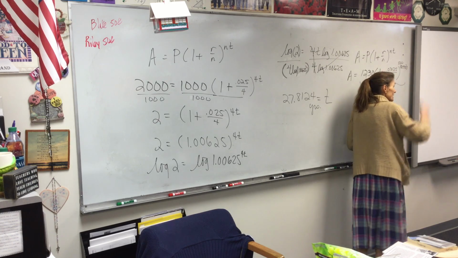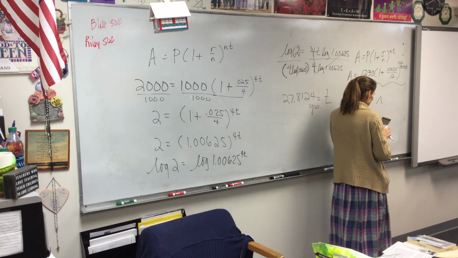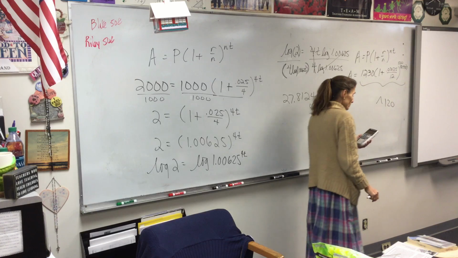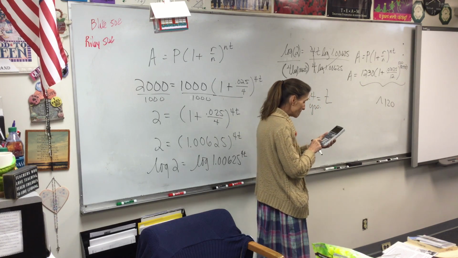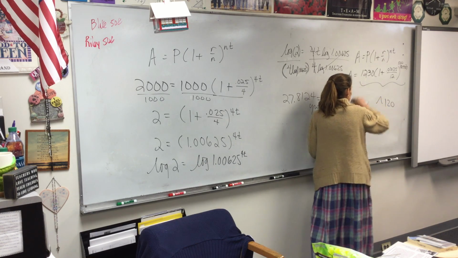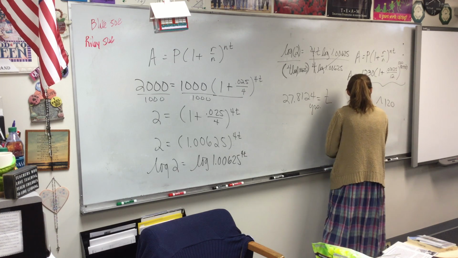Now raise that to the 120th power. Equals. Times 1230. You gotta multiply by the 1230. So 1680.53.